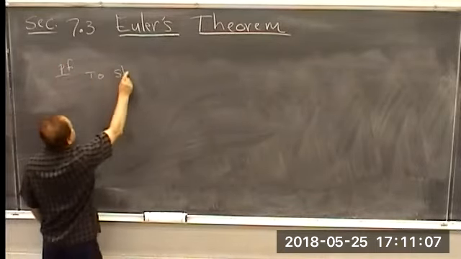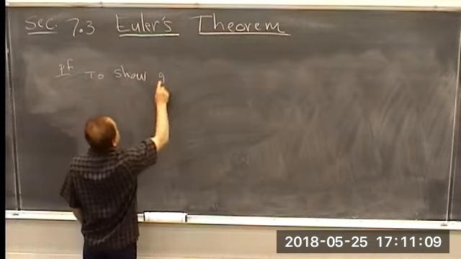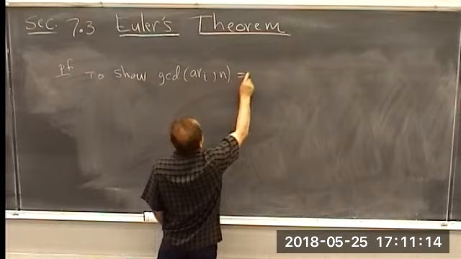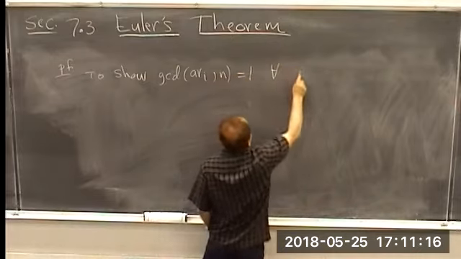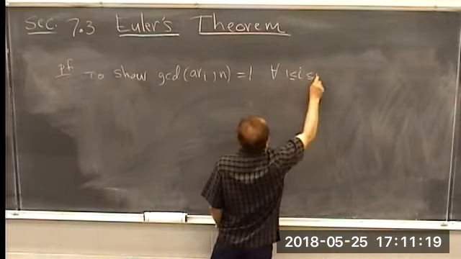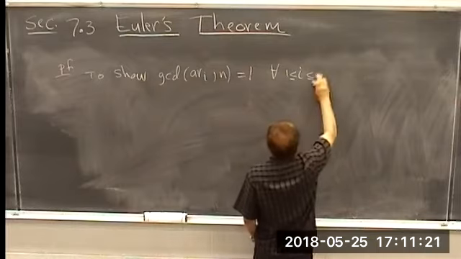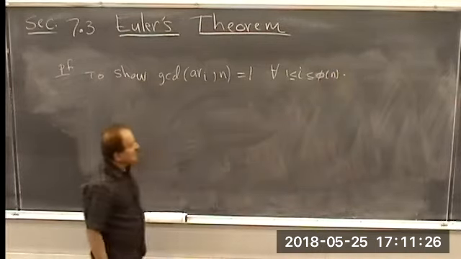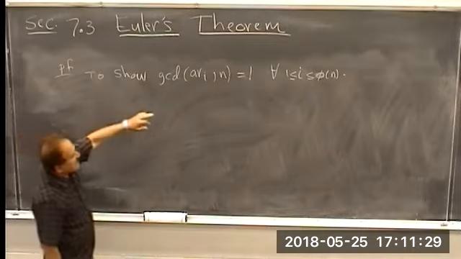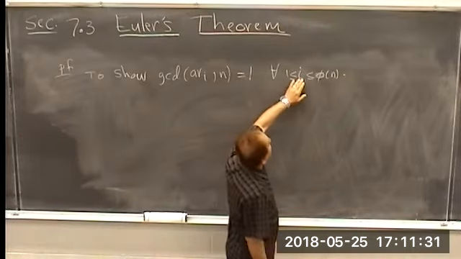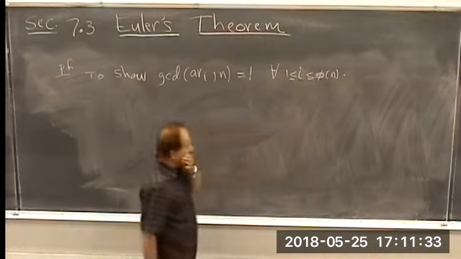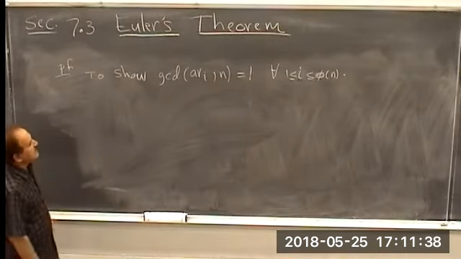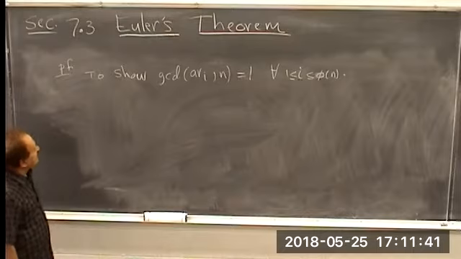To show the greatest common divisor of a Ri and n is equal to 1 for every i up to phi of n. All right. I don't know in the theorem if I say there are i and j. No, that is in the definition. It should be phi of n. That's the number of those, not n.